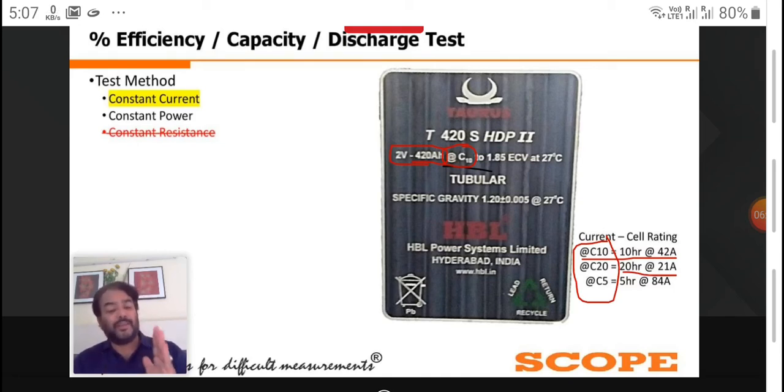In the boost charge, we are giving the constant current, and that way we are charging the battery. And once the cell voltages or the bank voltage reach their level, then slowly we are shifting from boost charge to the float charge. At that time, from the constant current, we will go to the constant voltage mode, and we will be giving a constant voltage from the battery charger instead of constant current.